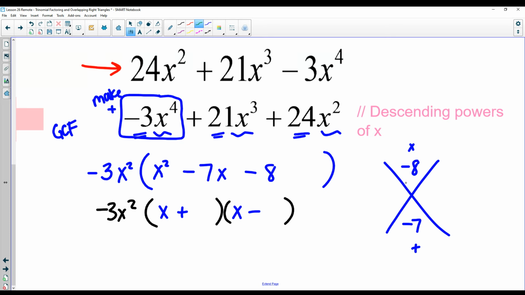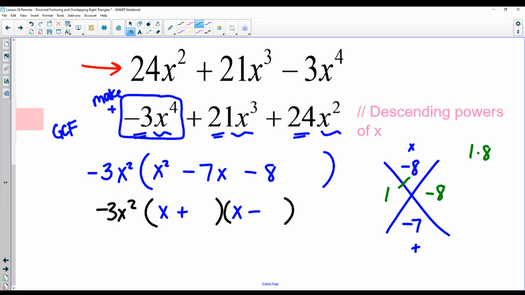Okay, ready? Here we go. Two numbers that multiply together to give us a negative 8. So let's see, there's 1 times 8. Does that one work? If one's positive and one's negative, can we get a negative 7 out of that? So that one actually worked. Okay, so first on the first shot, 1 and 8. If we make that 8 be the negative.